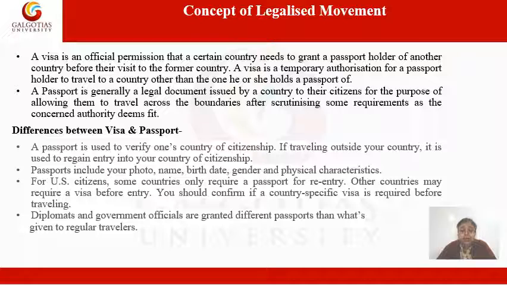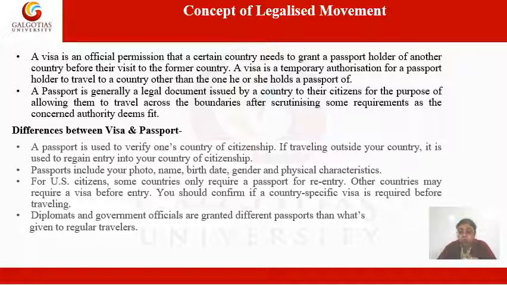Suppose I am an Indian. When I have become a major, and there are certain other criteria that need to be fulfilled, I can apply for an Indian passport. Now suppose I have applied for an Indian passport, and then I am in need of going to some other country.